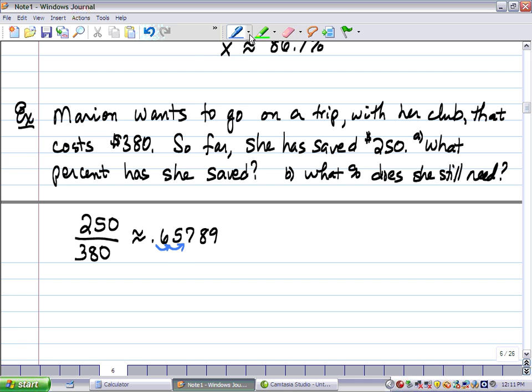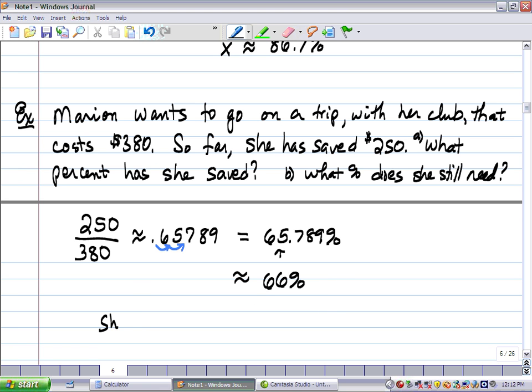We want to change it to a percent. So that's going to become what? 65.789%. If you wanted to round to the nearest percent, here's the ones place. Look to the number to the right. It's bigger than 5. So she has approximately 66%. The total amount would be 100%.